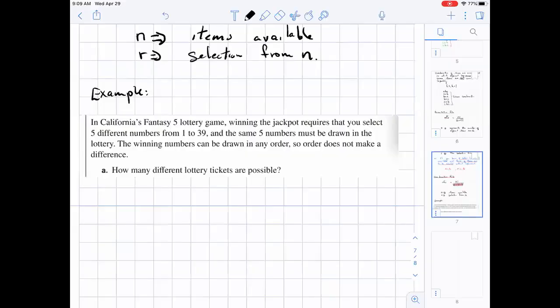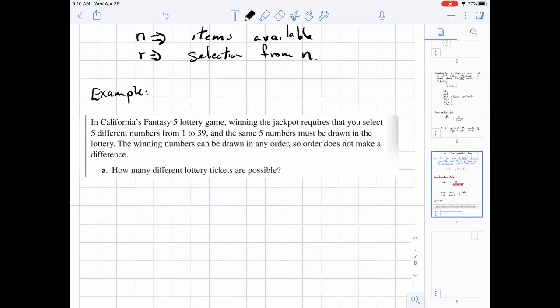So let's look at this example here. We have a lottery game, and we have to select 5 numbers that must be drawn. Numbers are selected from 1 through 39, and you could pick any 5 different ones.